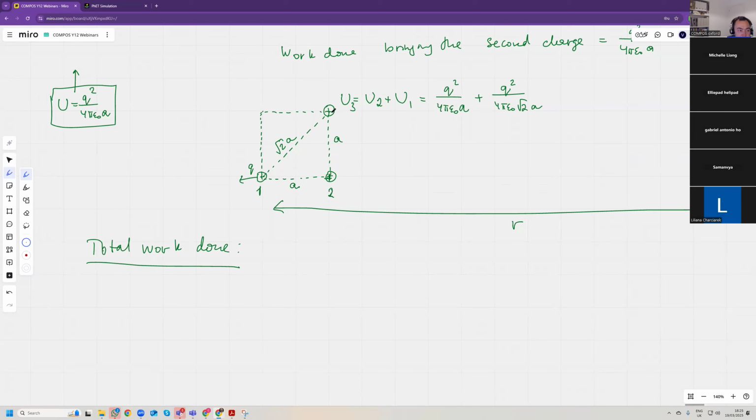So it is q squared over 4 pi epsilon naught a plus q squared over 4 pi epsilon naught a plus q squared over 4 pi epsilon naught square root of 2 a.